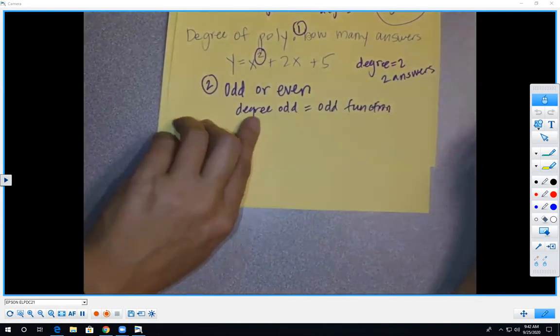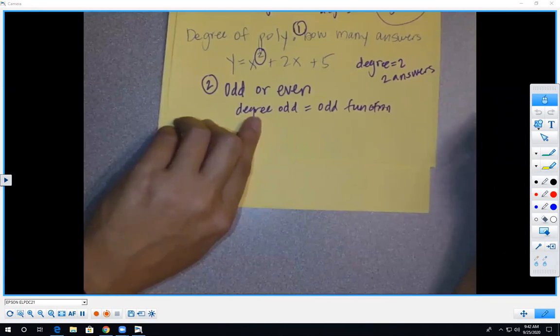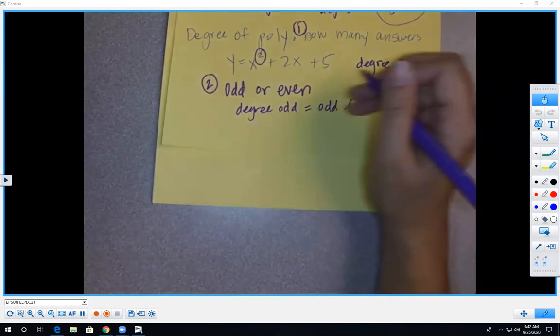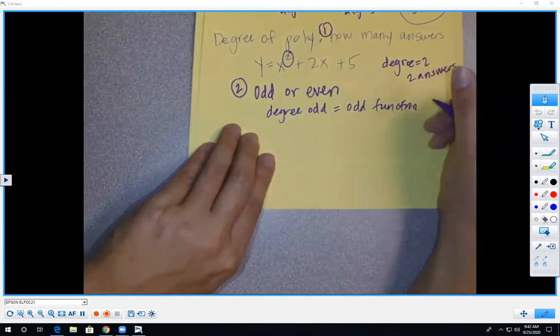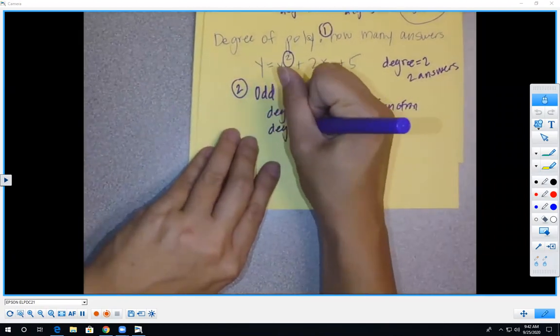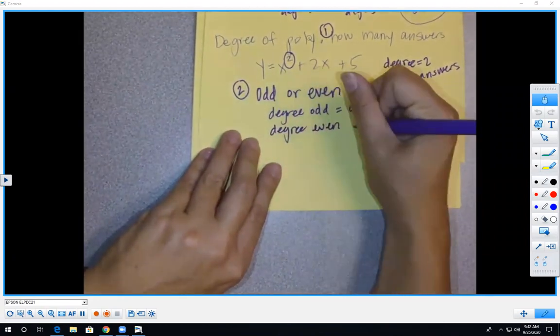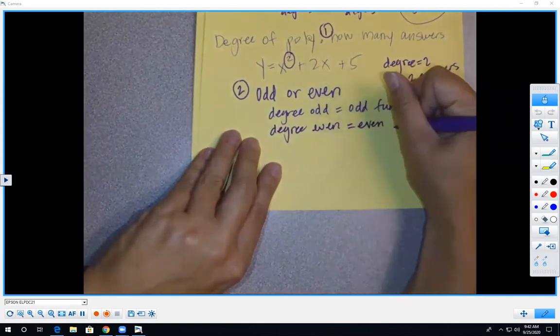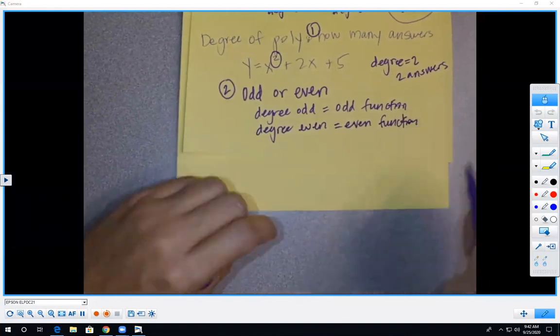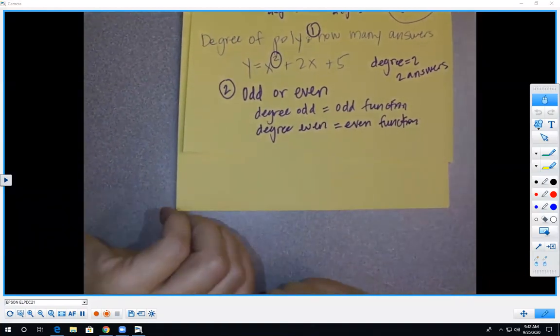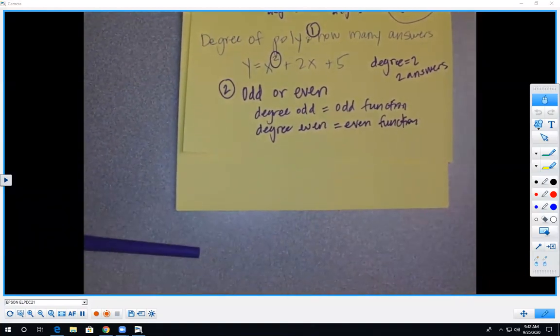And this is a little bit different than the whole idea of like odd and even functions, like plugging in negative x, working it out. So if you haven't taken your college algebra test, like you're not using this on your college algebra test, okay? Don't get confused with that. If your degree is even, then it's an even function. And this is specifically talking about end behavior. And we'll talk about that in just a second.